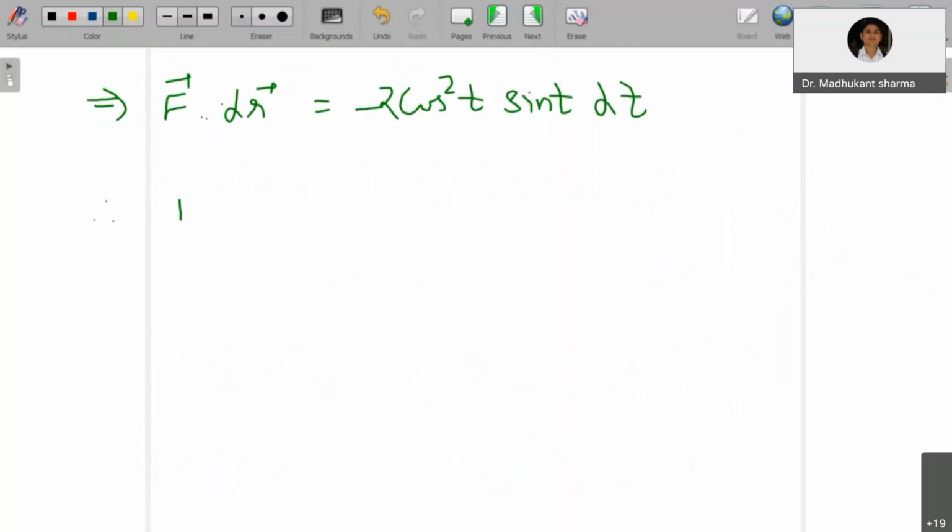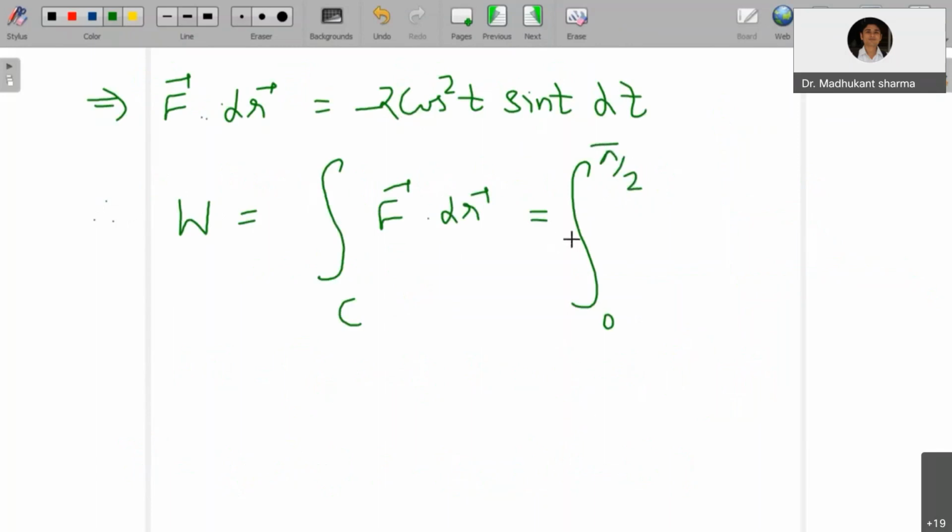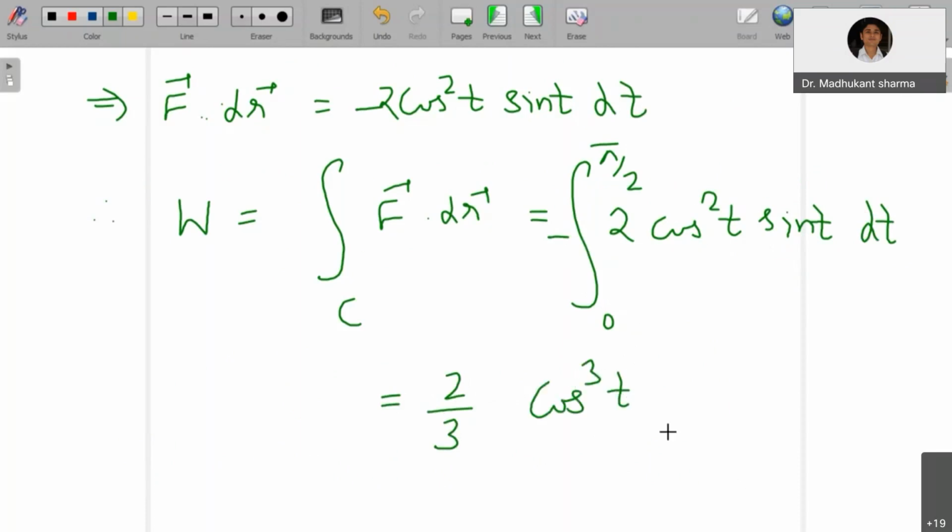Therefore, the total work done along the first quarter of circle C is the integral of F dot dr, which equals the integral from 0 to pi by 2 of minus 2 cos squared t sin t dt. Now you know the derivative of cos t is minus sin t, so the antiderivative is 2 by 3 cos cubed t, from 0 to pi by 2.